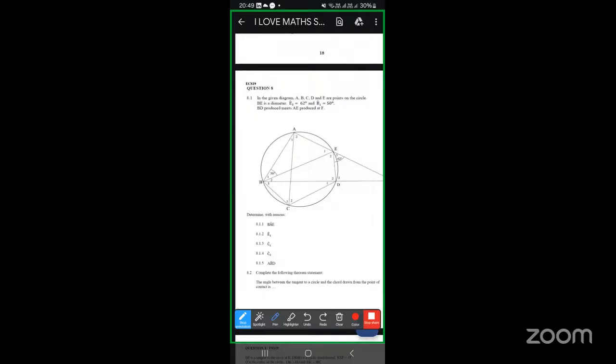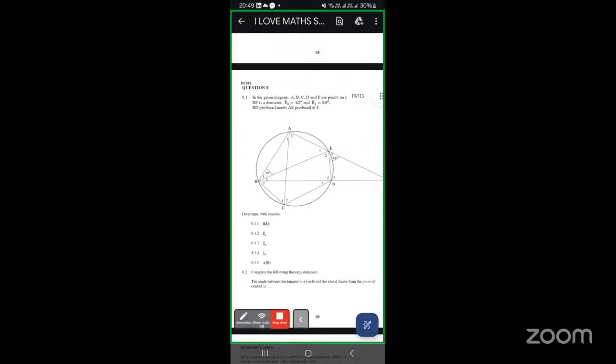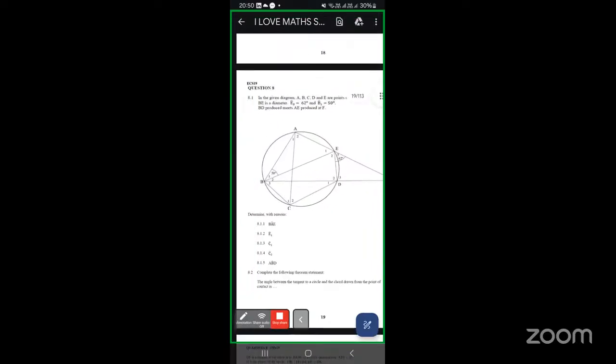Then we can proceed to angle C1. C1 is this one right here. How do you guys think you're going to find the size of that angle? C1. This is a bit complicated. Okay.